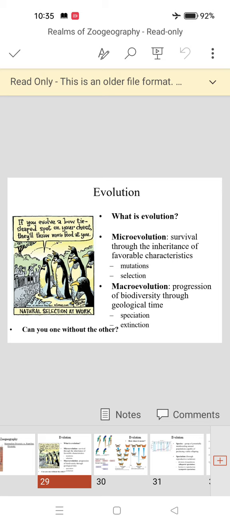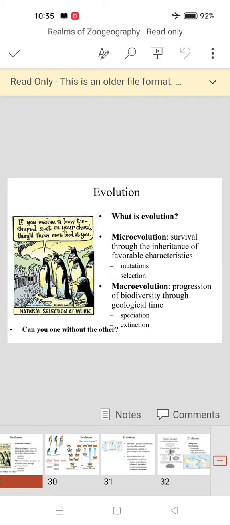Macroevolution is the progression of biodiversity through geological time: speciation and extinction. Microevolution and macroevolution are both important for natural selection.